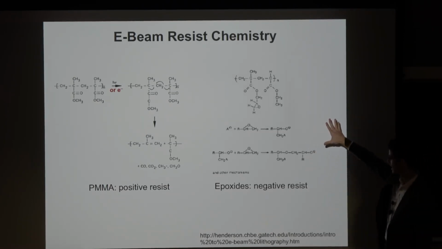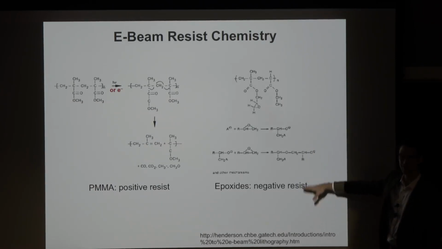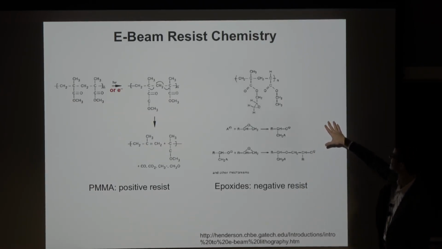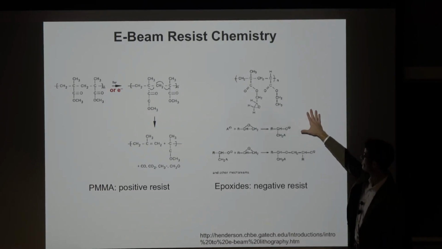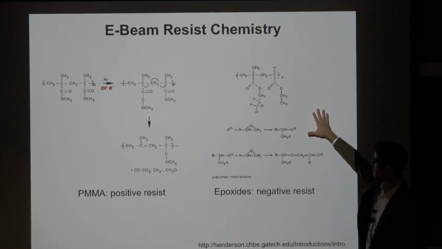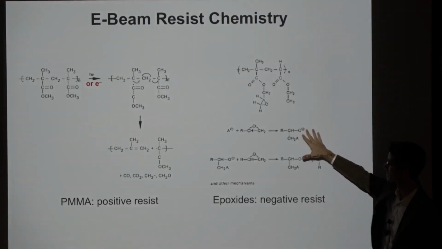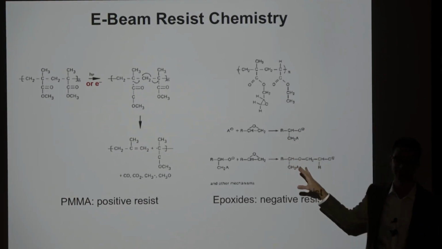On the right-hand side, and thanks to the Chemical and Biomolecular Engineering Department at Georgia Tech for providing these images, if you use an epoxide-based resin, you actually can create covalent bonds using a photoacid generator.